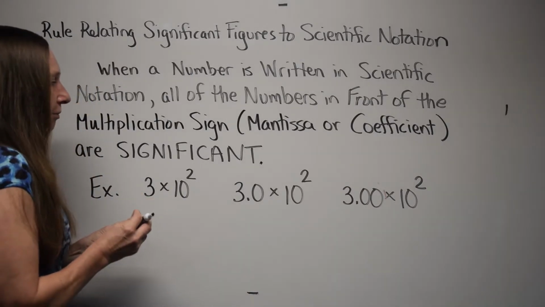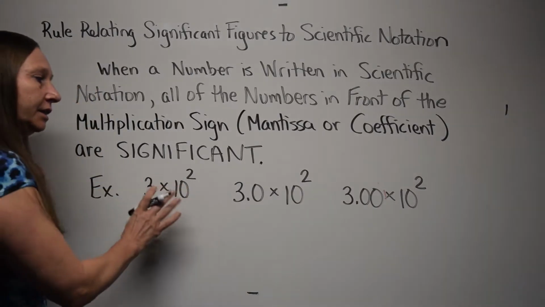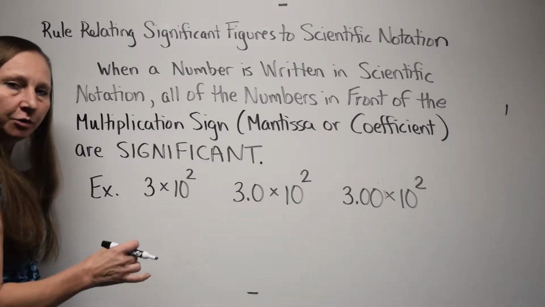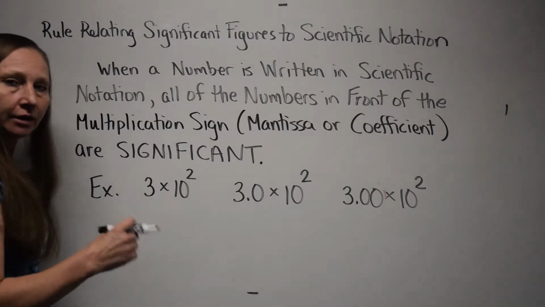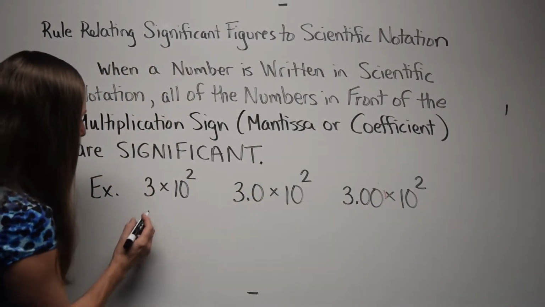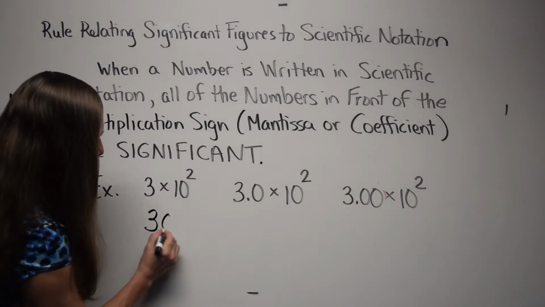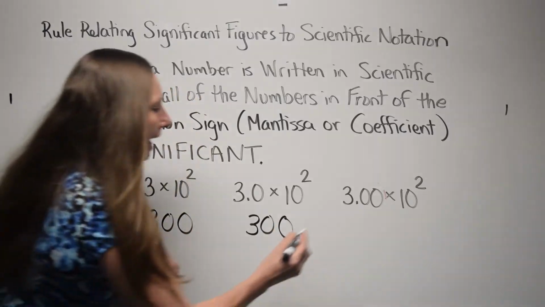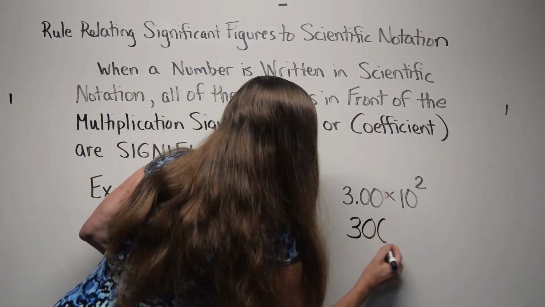Now, the question becomes, how would you write the number 300 correctly in decimal form, indicating the correct number of significant figures for each of these examples? Now remember, this is the number 300, this is the number 300, and this is the number 300.